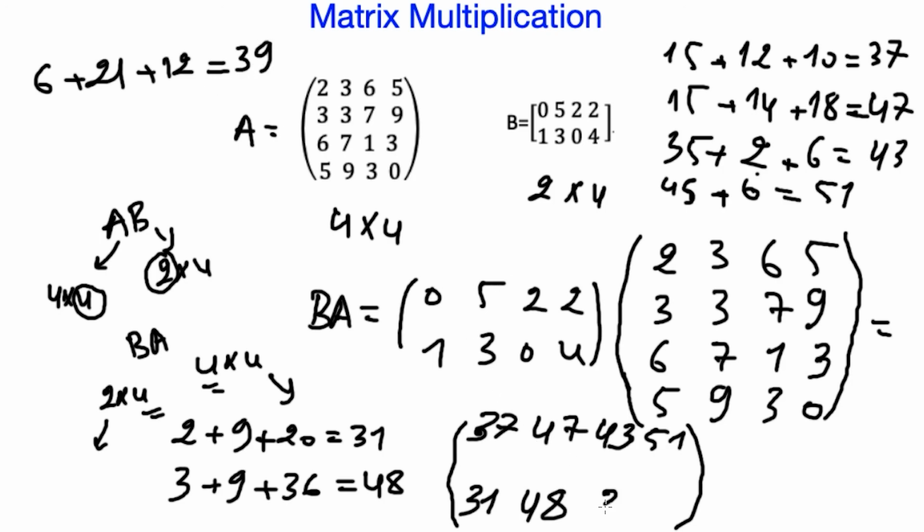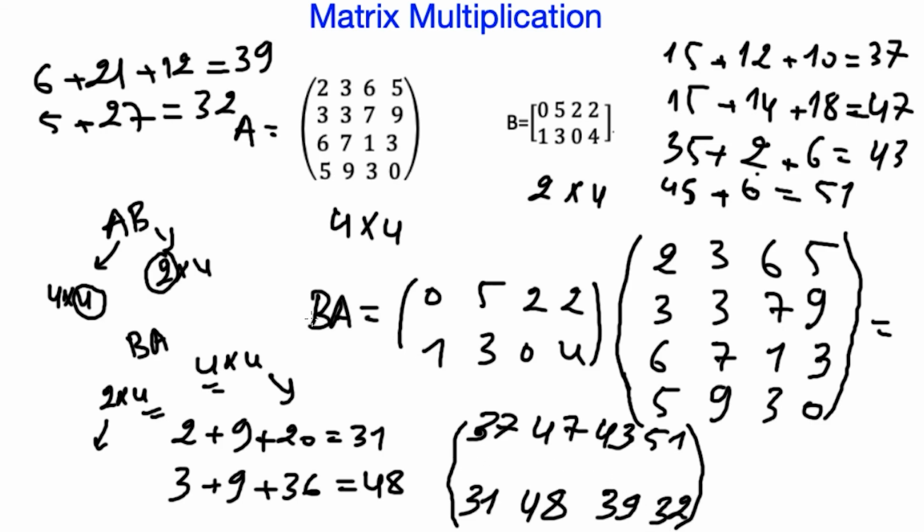It's really 39. So this row times this column is 1 times 5 is 5, 3 times 9, which is 27, and 0 times 3 is 0, 4 times 0 is 0, so this equals 32.